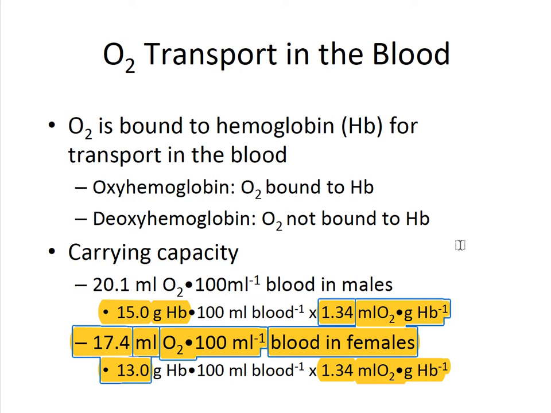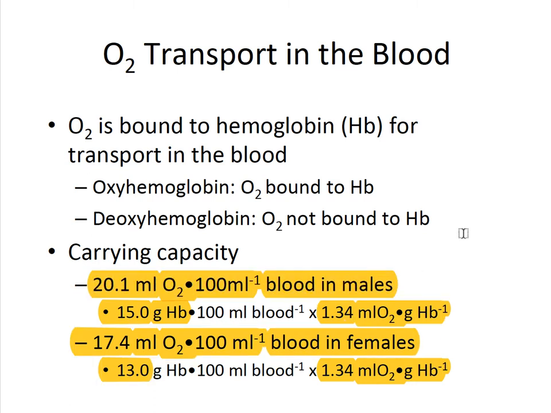If we did altitude training, this 15 for males would increase a little bit. So if we multiply these two together, 15 times 1.34, or if we're up in altitude training, maybe this is now 16 or 17 times 1.34, then this value of 20 for males is the oxygen carrying capacity in arterial blood. So it's about 20 mils of oxygen in 100 mils of blood.